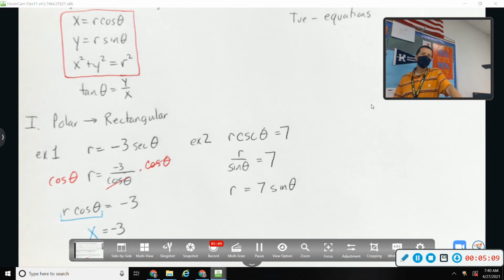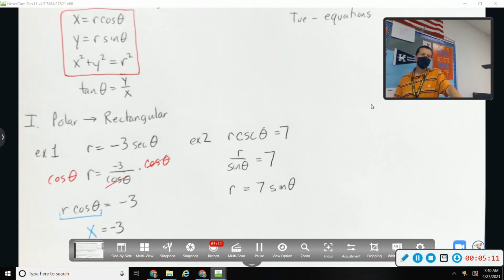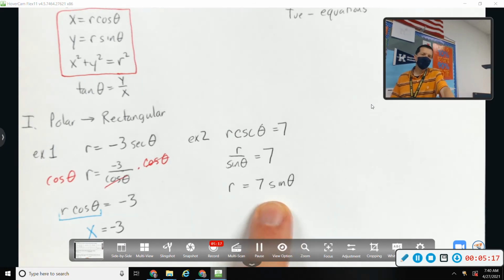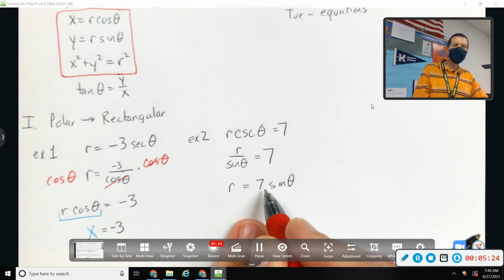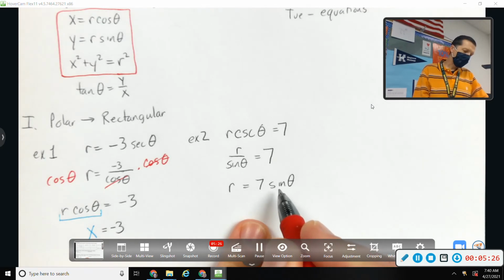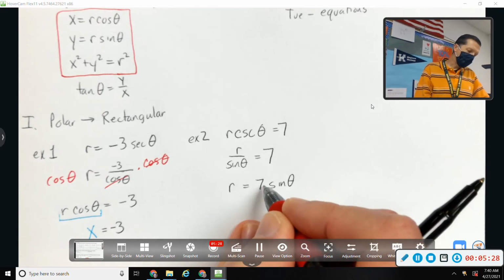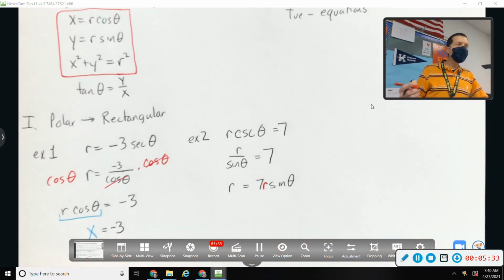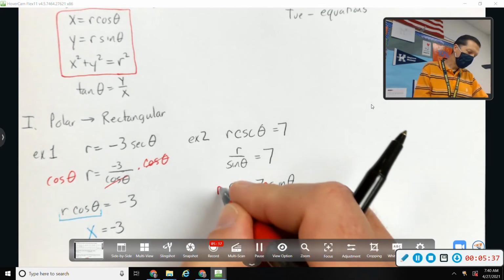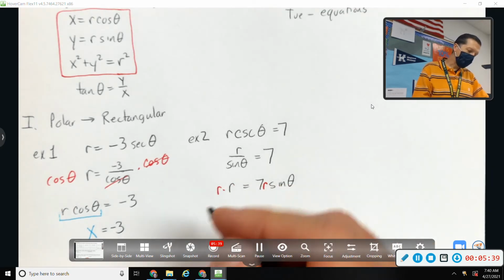This one I wouldn't really expect you to know the trick to make this one work. But there's something I can do to both sides that would make the right-hand side work and make the left-hand side work. Like if this just had an r, it would be great because r sine theta would be y. But I can't just put an r on one side. That's very illegal. If I multiply r to one side, what do I have to do to the other side? Multiply by r. But that works out okay because then I get r squared.